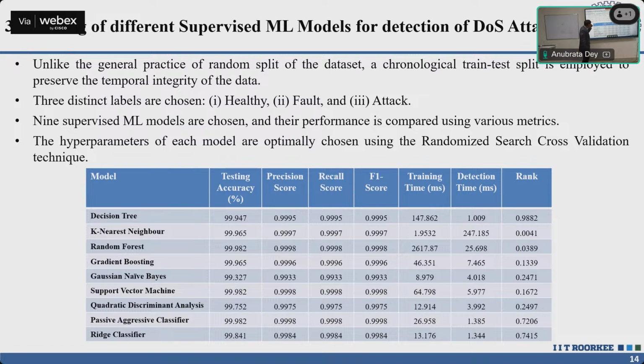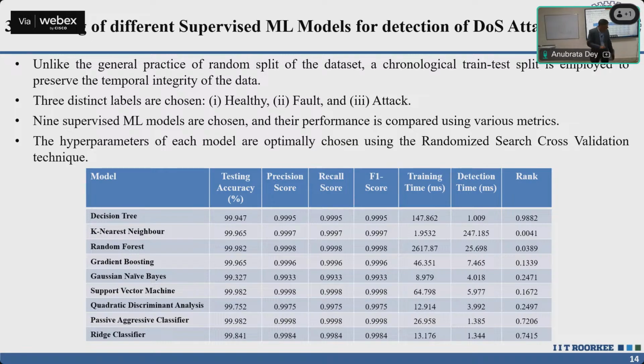Now, what I told you, 60/40 or 70/30, is known as random splitting. But when you have time-critical data, random splitting does not work. There you have to go for a chronological split.